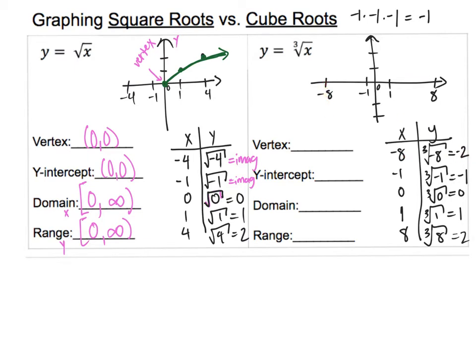I have to go down 2 and then plot. And then I have to go to negative 1, which is right here. Then it looks like my next point is 0, 0, so that's the origin. And then my next point is 1, positive 1, so right here. And last point here is 8, 2, which would be right about here.